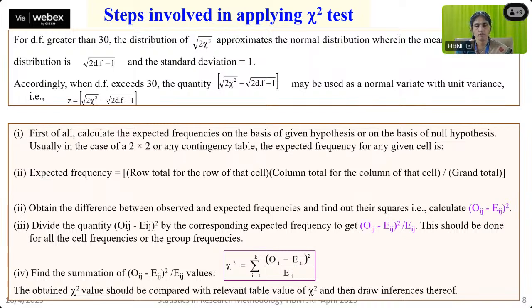So if the function is root 2 chi-square, the mean value is root 2 times degrees of freedom minus 1. The Z probability distribution will have the normal functional relationship and normal distribution, so whatever presumptions we had taken for the normal distribution curve can be applied for this particular statistic also.